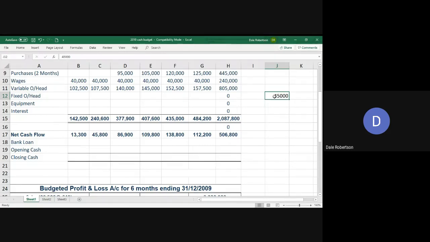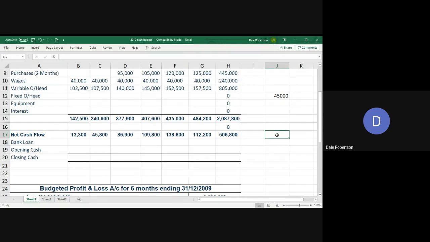So therefore, we're doing a cash budget, so we must take out our depreciation because it is not a cash expense, whereas the rest of these things are. So we're going to remove that from the fixed overhead to get a true reflection of the fixed overheads we have to pay cash for. Now, how much is depreciation?